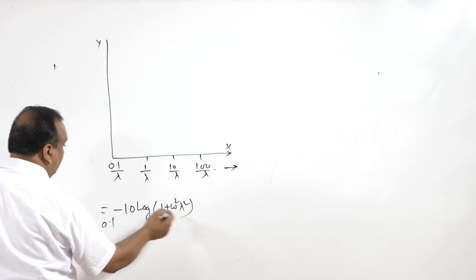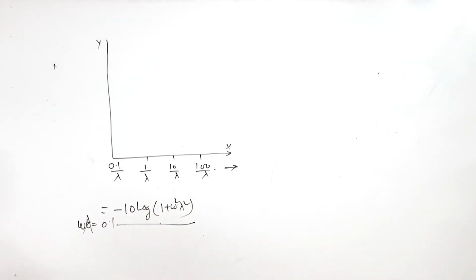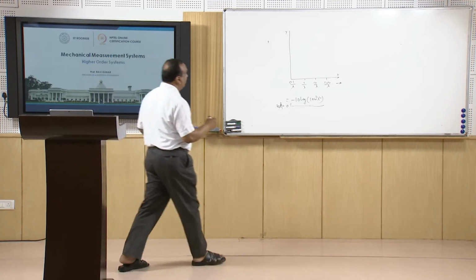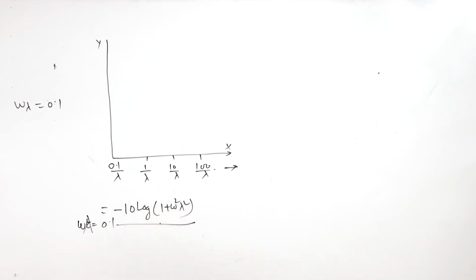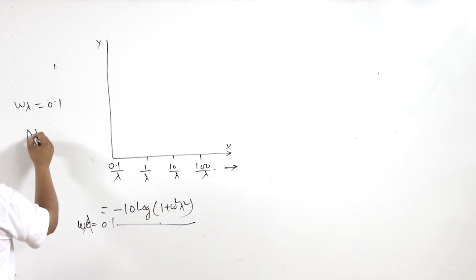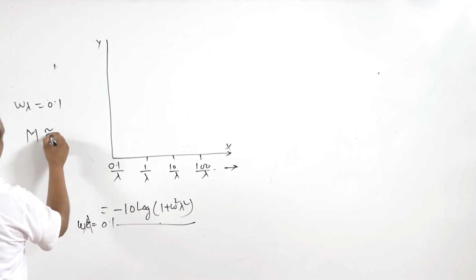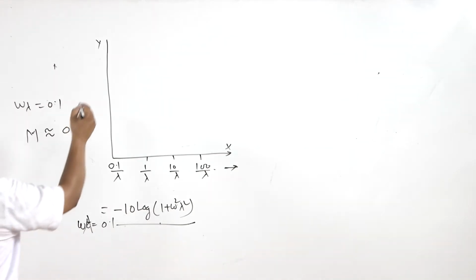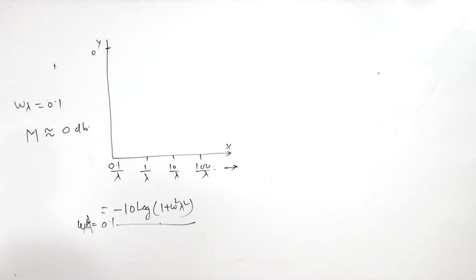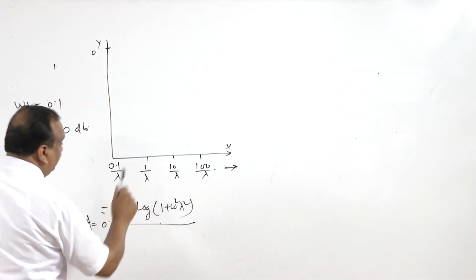On the y-axis we will calculate this. Suppose omega lambda is 0.1, in that case it is going to be log of 1.01, and approximately the decibel value of m is going to be approximately 0 decibel. Okay. So we will start from 0. 0 is somewhere here. Now, we will take omega lambda as 1.